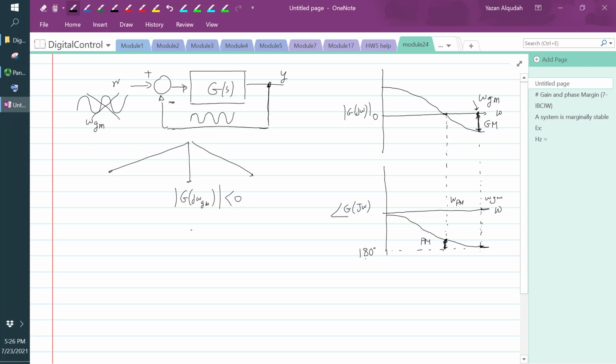And in this case, we're going to have a positive gain margin. And in this case, the system is stable. The second case is I'm going to have G of j omega gm that is greater than 0. And in this case, the gain margin will be negative.